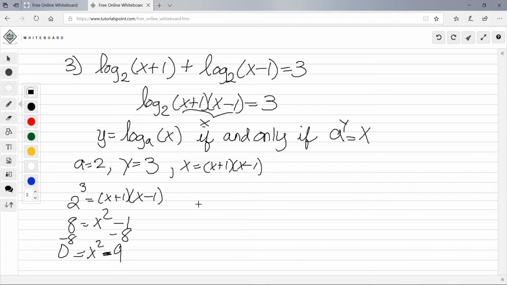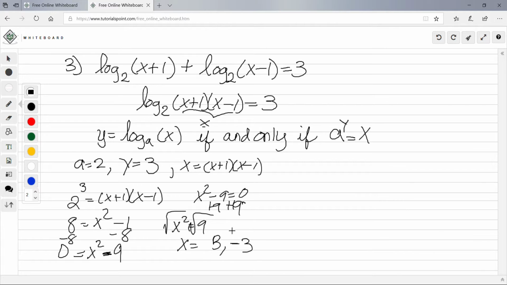So you can add 9 to both sides. So you get x squared equals 9. And then you take the square root of both sides. And now remember, when you take the square root, you get two answers, a positive and a negative. So we're going to get positive 3 and negative 3.